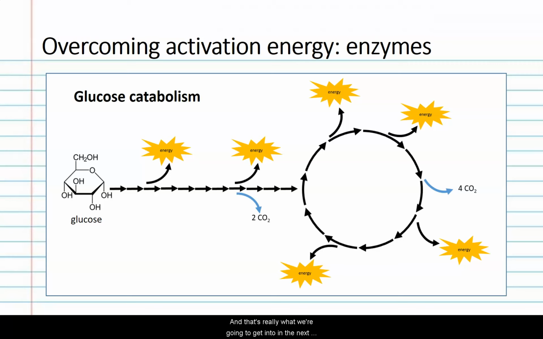That's what we're going to get into in the next chapter, how cells capture the energy of glucose. A little bit is captured at a time so that we can use that energy to sustain life. So enzymes allow all of this to happen.